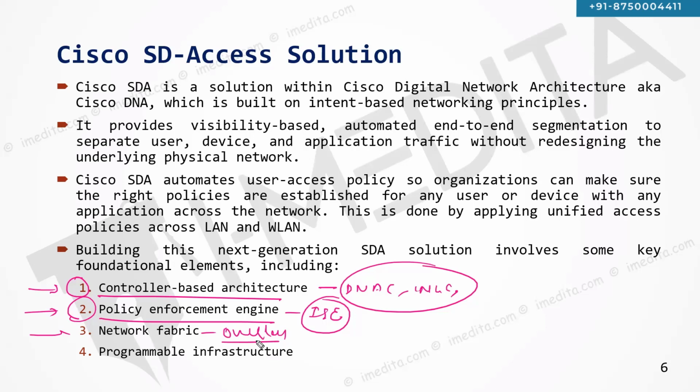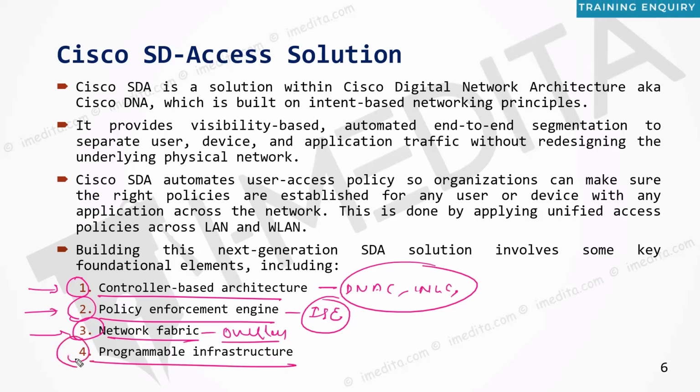Fabric is overlay. Sometimes you will notice that underlay and overlay combined are known as the fabric, because if the underlay is not there, then the overlay of course will not be able to operate. But typically fabric means overlay. SDA fabric basically means that we will require an overlay network built on top of the underlying infrastructure.